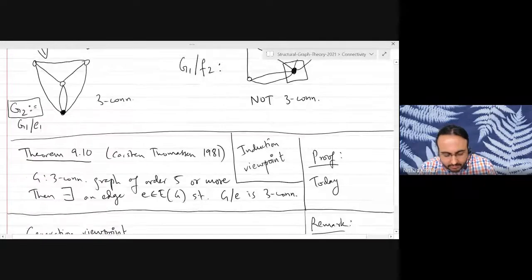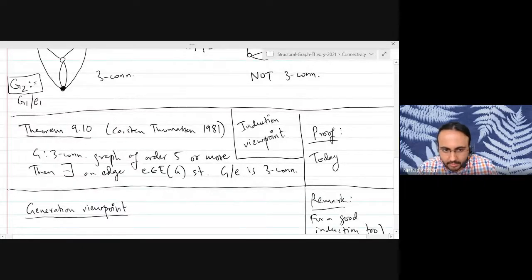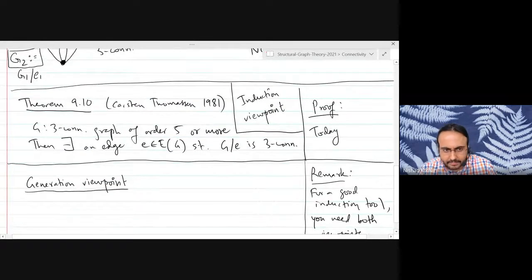So, the theorem of Thomassen that we will try to complete the proof of today says that in any 3-connected graph, so long as you have at least 5 vertices, there is always an edge that you can contract and preserve 3-connectivity.